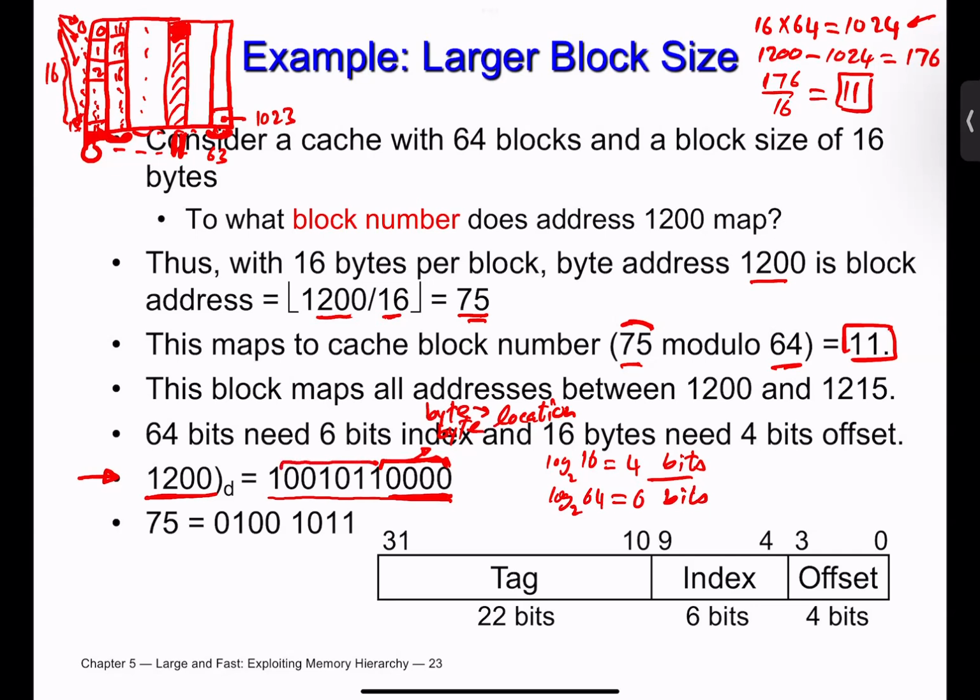If you read that number, it will give you the block number, which by the way is number 11. So with this binary, when I read the very first 4 bits, I understood that it is in location number 0. And when I read the next 6 bits, I understand that it is in block number 11. So it is basically in spot 0 in block number 11.